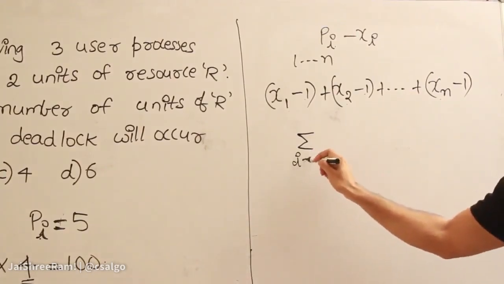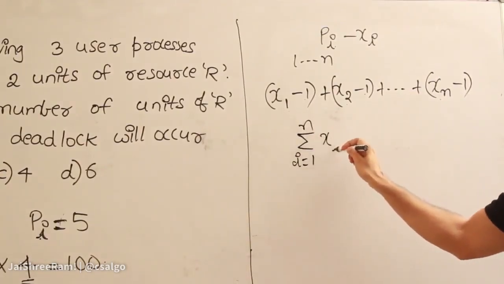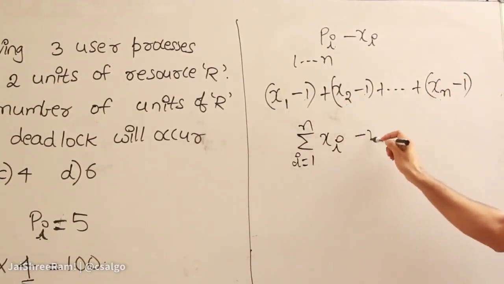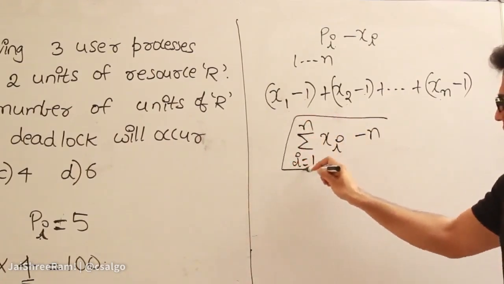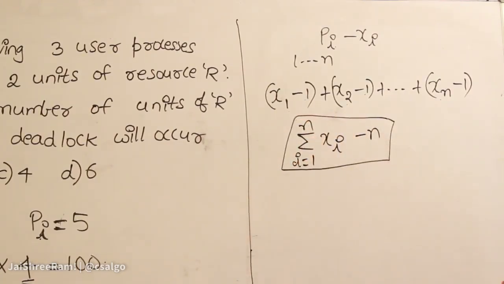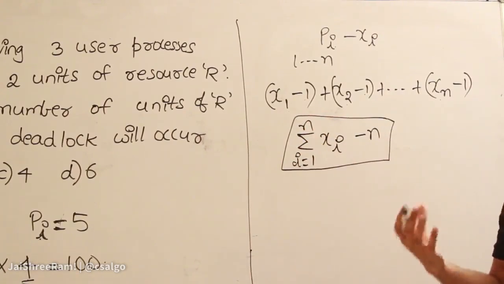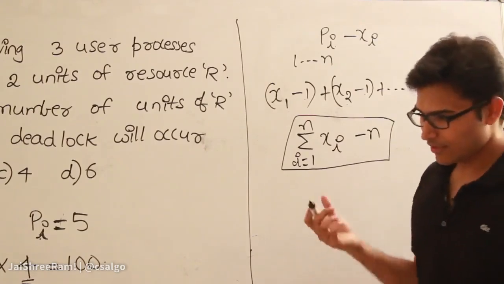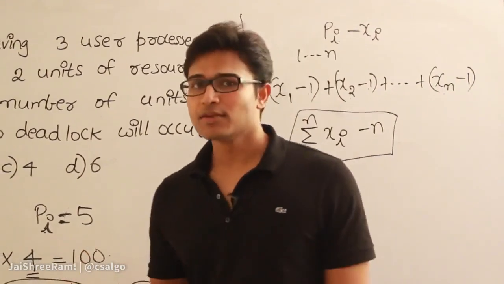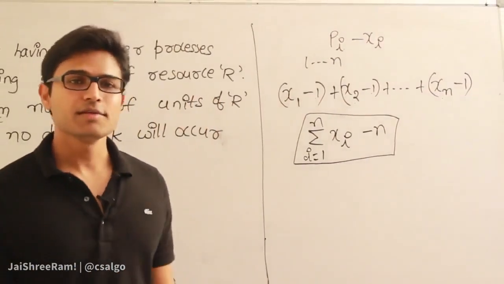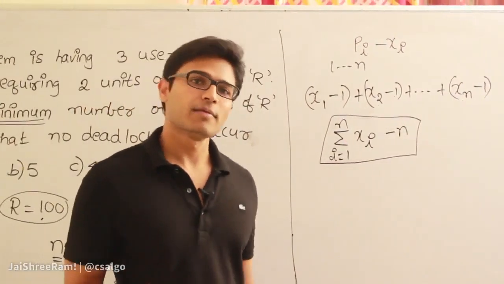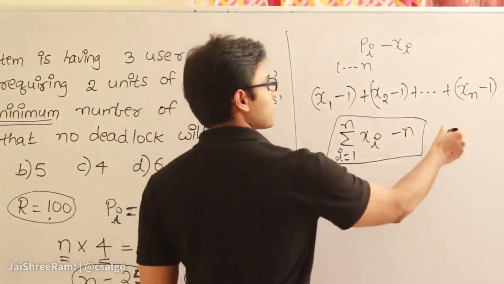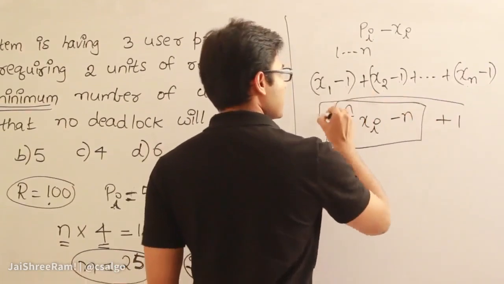So sigma i equal to 1 to n of xi, which gives x1 plus x2 plus x3 and so on, minus n, is the maximum number of resources even after assigning which there will be a deadlock. Now what is the minimum number of resources because of which there will be no deadlock? Then you have to add plus 1. Got it? This is the answer.